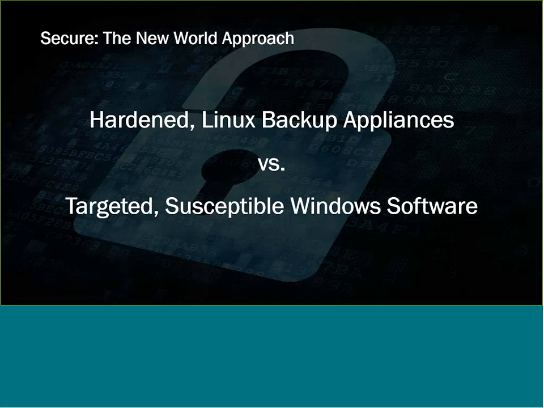The secure part of things. This is where you're seeing the overall architectural approach of certain vendors become a big differentiator. And what's really interesting is the incumbent vendors that have been around a long time, and even some newer vendors that are virtualization specific, that are also based on Windows and kind of have a traditional approach to being just kind of Windows-based backup software, they're in trouble a little bit, right?